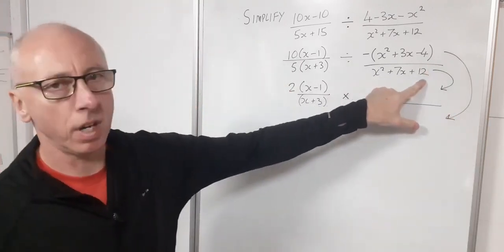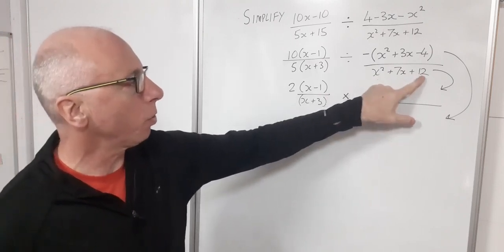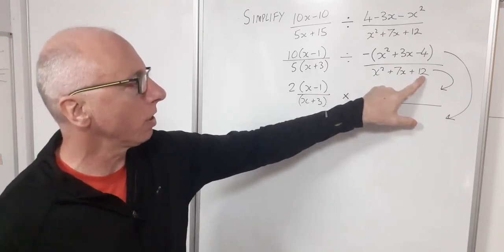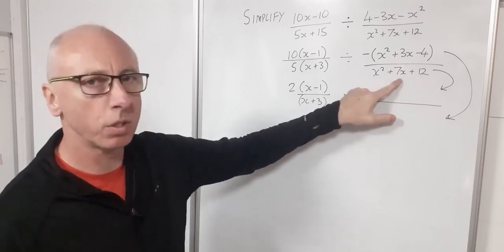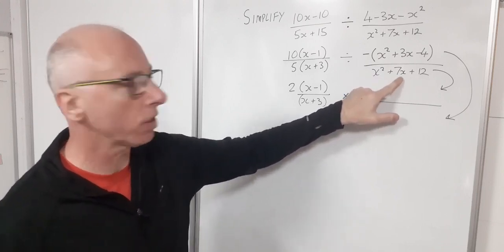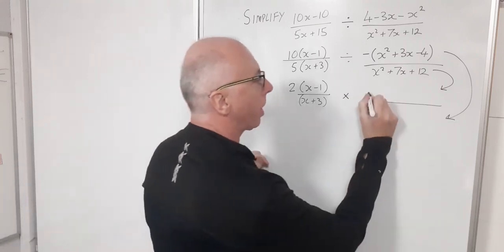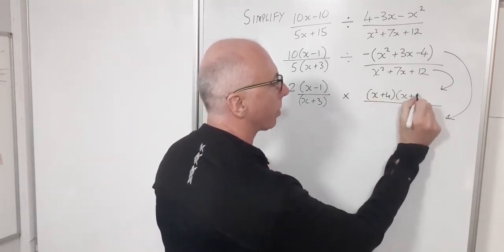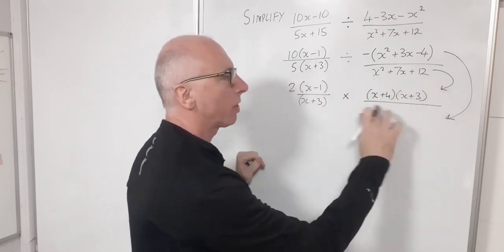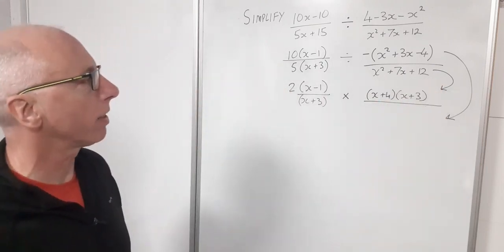So let's factorise it. I've got 12 to factorise, which is, well, 12 and 1, no good to me. 6 and 2 would be no good to me. But 4 and 3 looks like it gives me 7. So I can write that as x plus 4 and x plus 3. All the terms are positive, so I'm happy with that as my factorising.